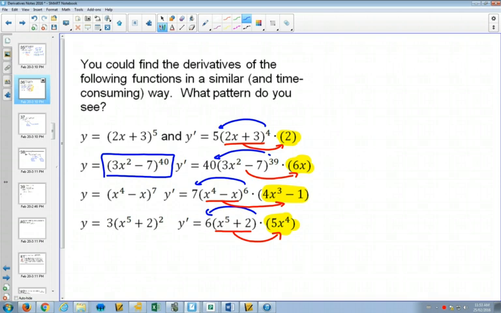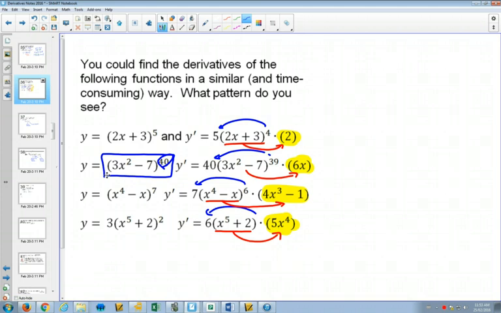And as I go in, I see that I hit the power of 40 first. So I would say x to the 40 is my outside function. How do I do a derivative of something like x to the 40? That's a power rule. I bring the 40 out in front and subtract 1 from the exponent. So that's the first thing I do. The 40 comes out in front. I subtract 1 from the exponent and get 39. My inside stays the same.